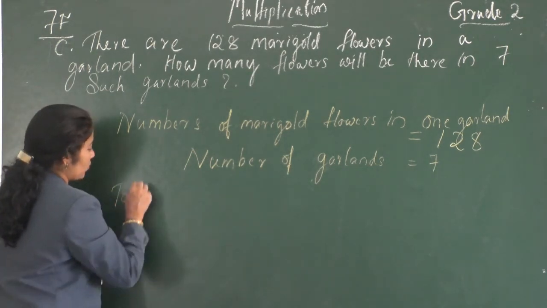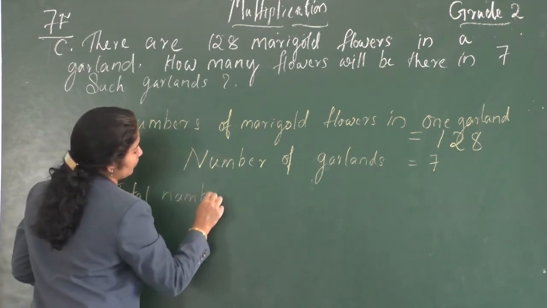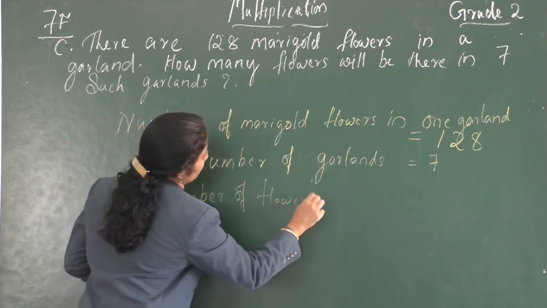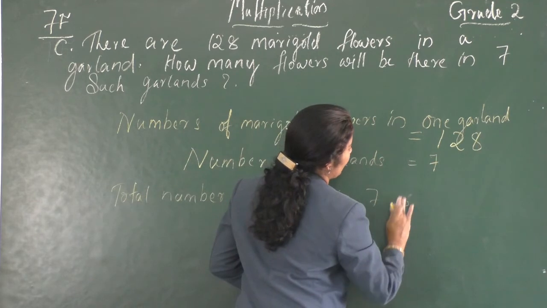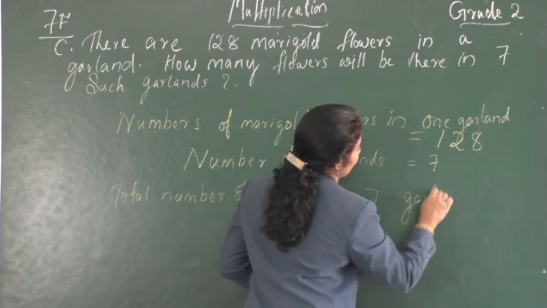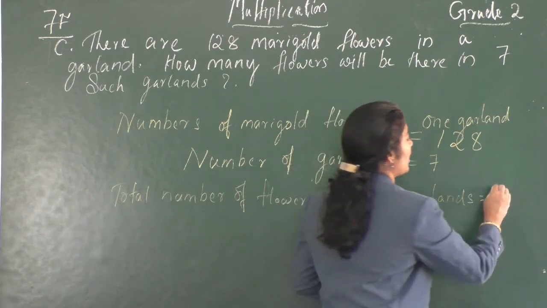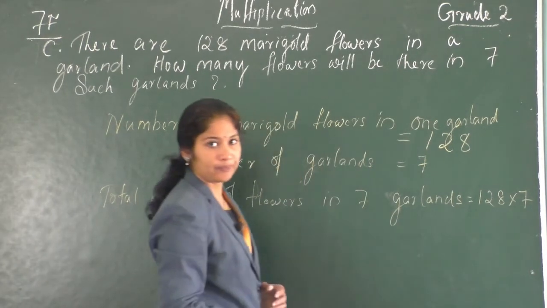So, the total number of flowers in 7 garlands is equal to 128 into 7.